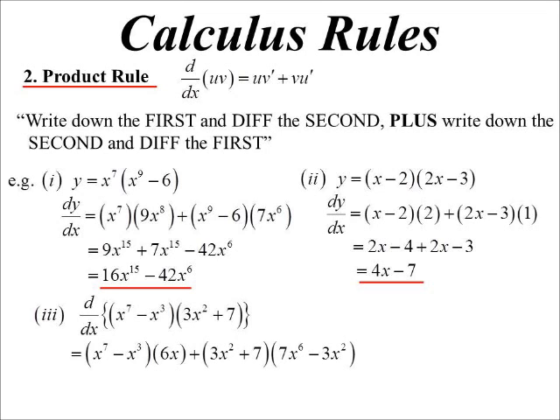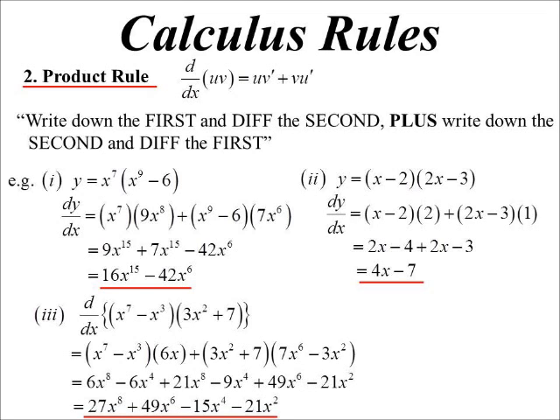So write down the first, x to the 7 minus x cubed, diff the second, we get 6x, plus write down the second, 3x squared plus 7, diff the first, 7x to the 6 minus 3x squared. Tidying all that one up, I come up with our derivative.